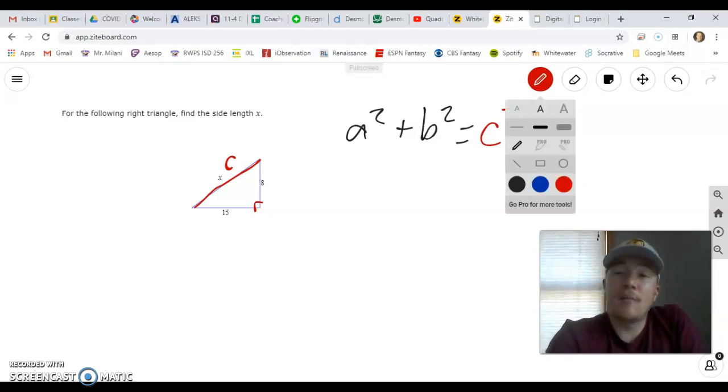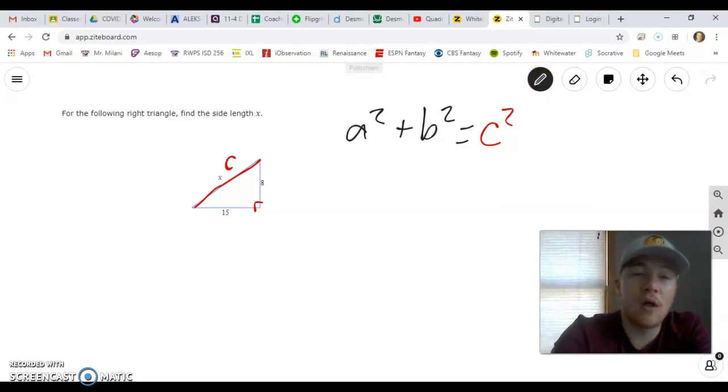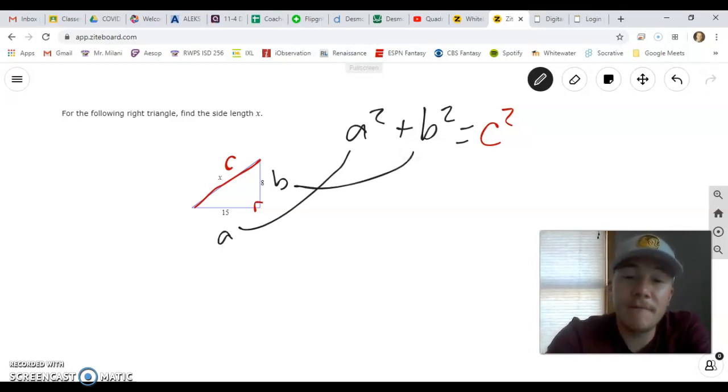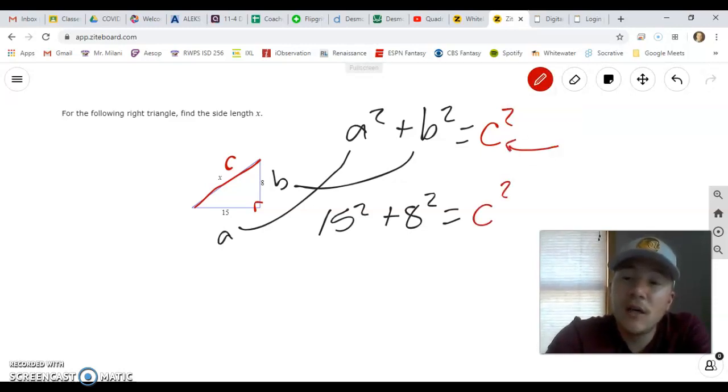Like we mentioned, it does not matter which one you call A, which one you call B. If we call 15 A and 8 B, you are going to substitute these in. So instead of a squared plus b squared, you're going to have 15 squared plus 8 squared, and that is going to equal your c squared. Your C is what you are looking for.